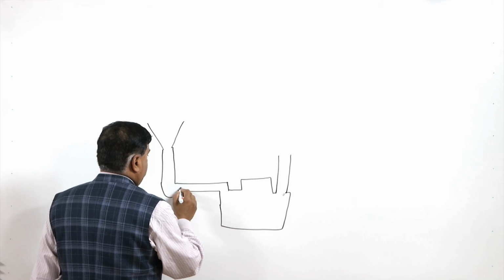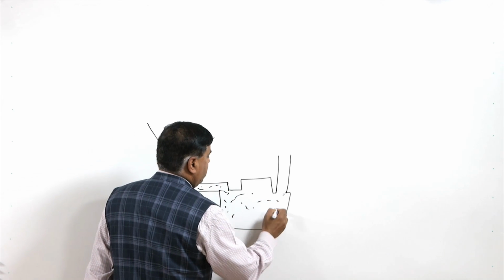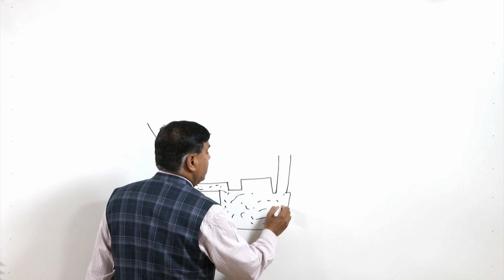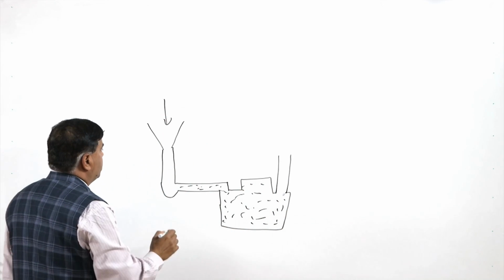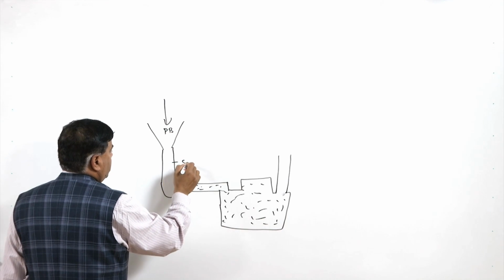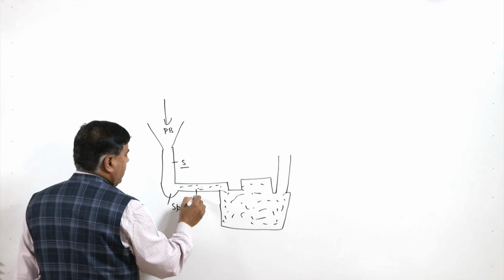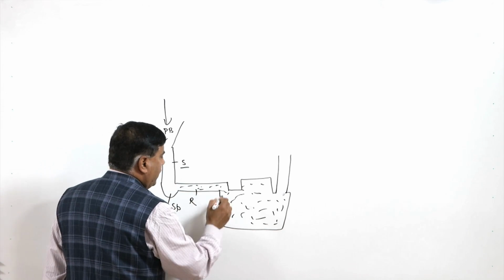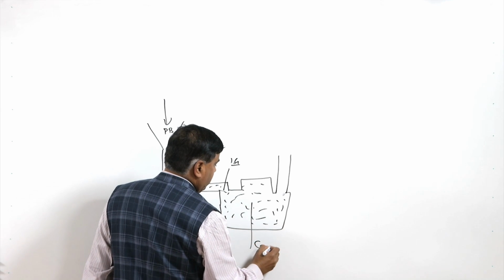So the molten metal will be filled in by the flow of the molten metal through the gating system. From the ladle, molten metal is poured into the pouring basin, then it flows through the sprue, then sprue base, then runner, and then ingate, and this is the cavity of the mold.